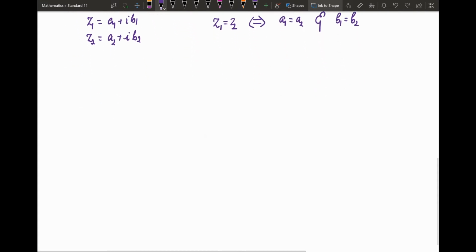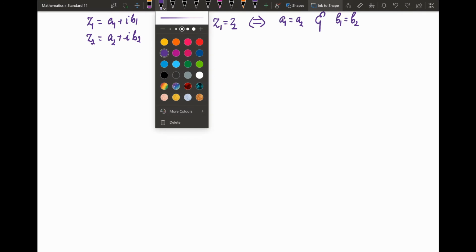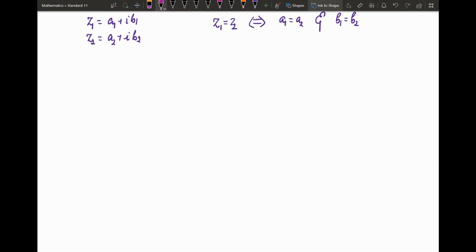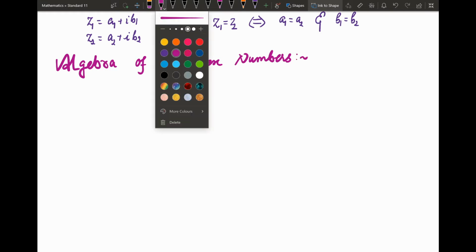Now we discuss the algebra of complex numbers.